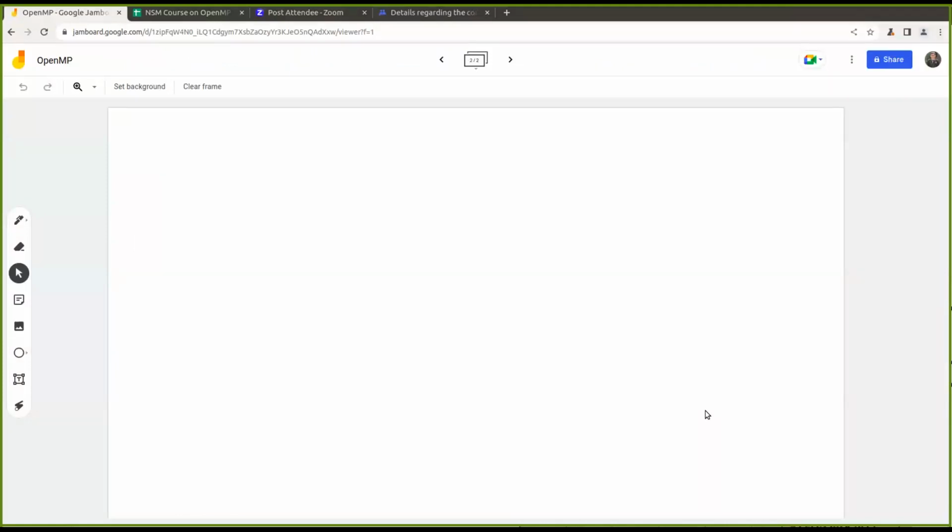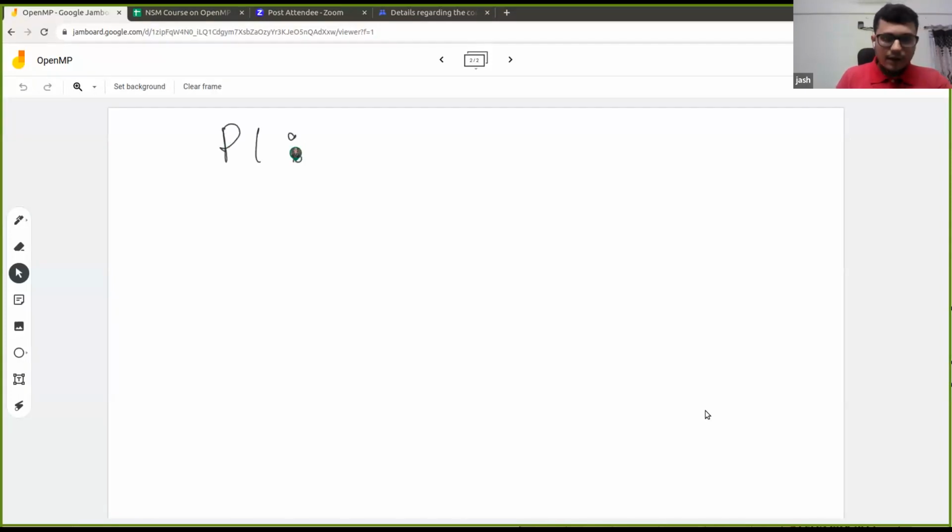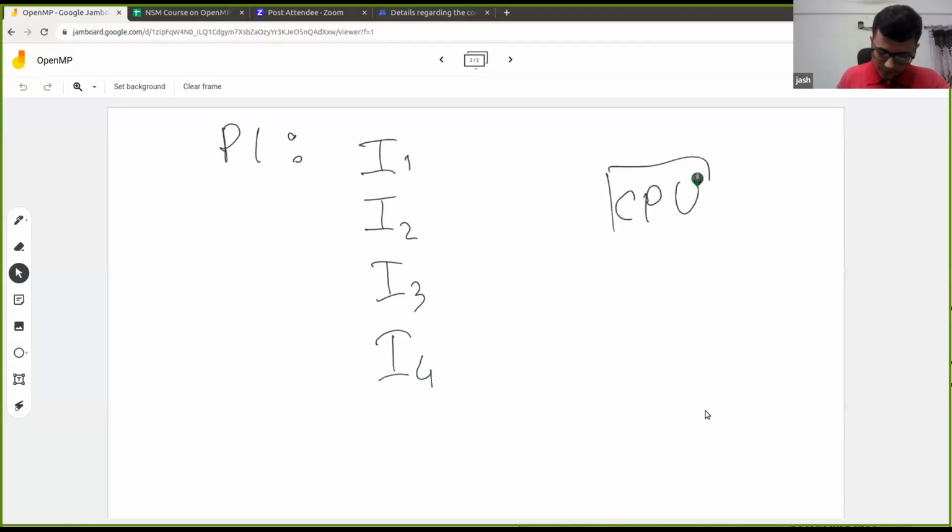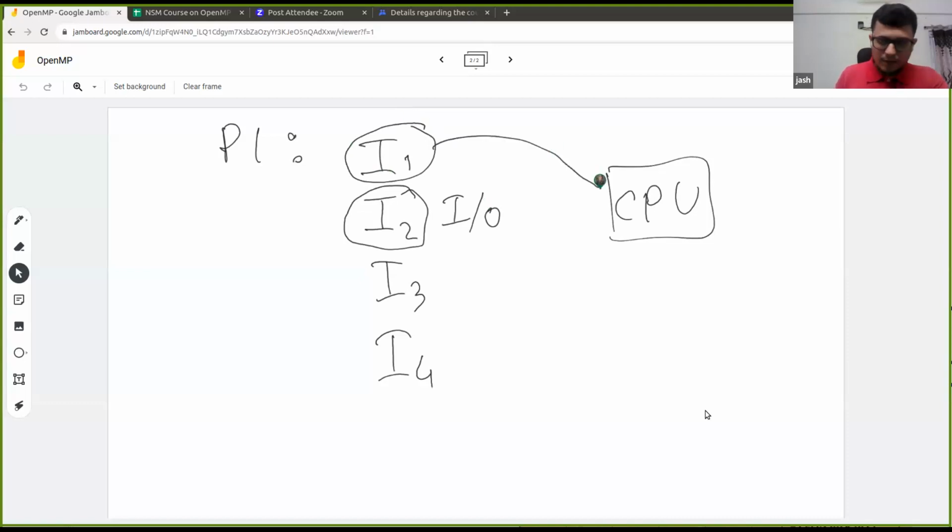Yes. So let me explain it in this way. There is this program P1, right? In this program, you will have a set of instructions I1, I2, I3, and then you have the CPU. Let's say the instruction I2 is an IO instruction.